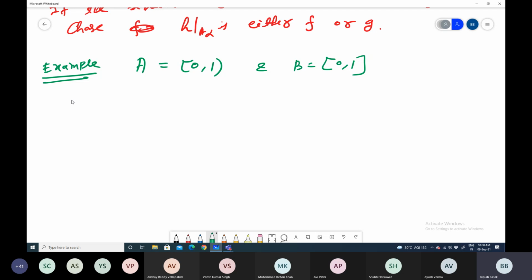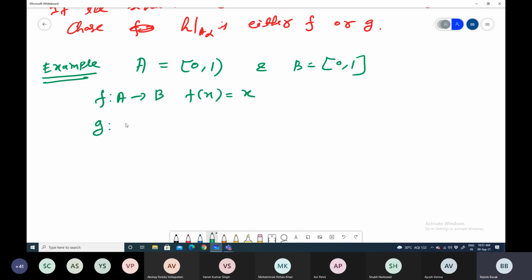So here we will see the application of the Schroeder-Bernstein theorem. First of all, we take an injective function from A to B. It is very easy to give an injective function. Just give f of x equal to x.